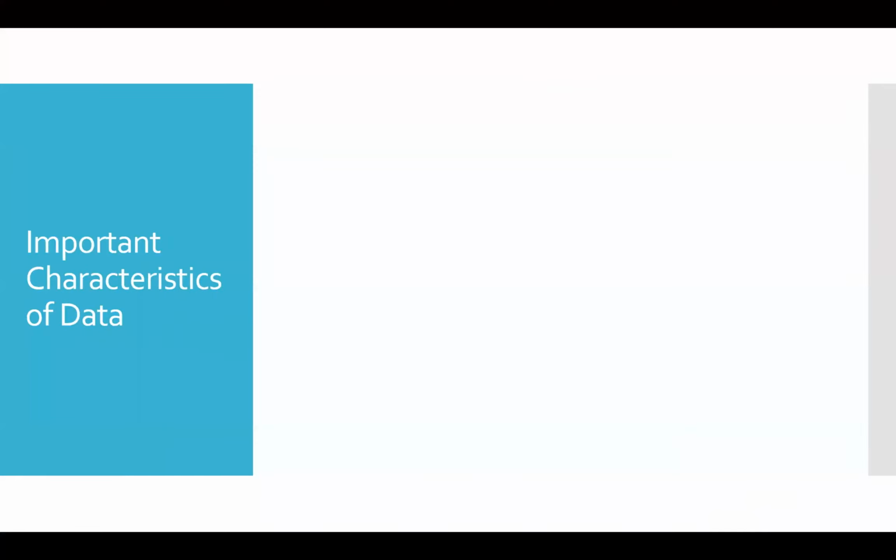Whenever you begin to analyze data, more specifically quantitative data, there are 5 characteristics, or 5 different things, that you want to focus on and ensure that you include in your summary.